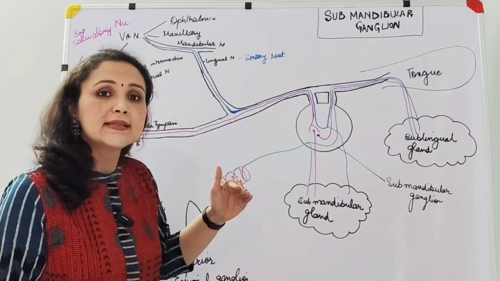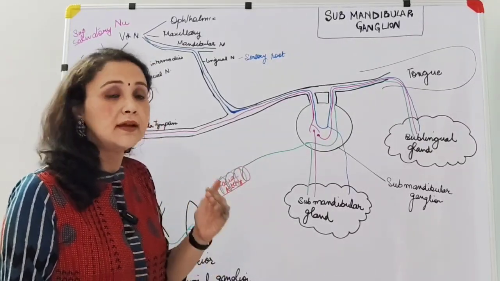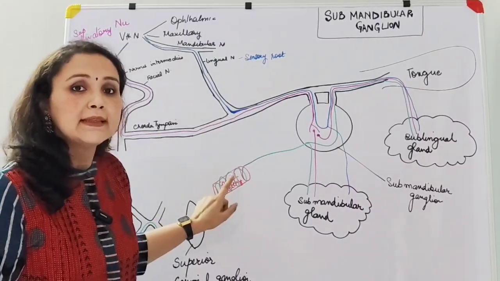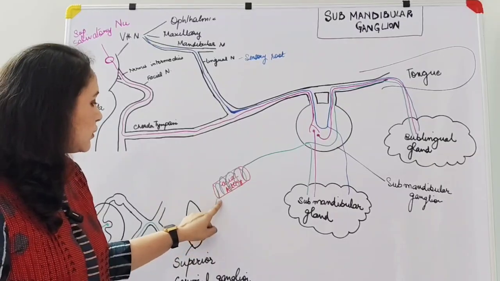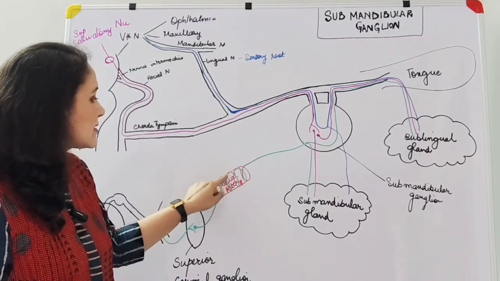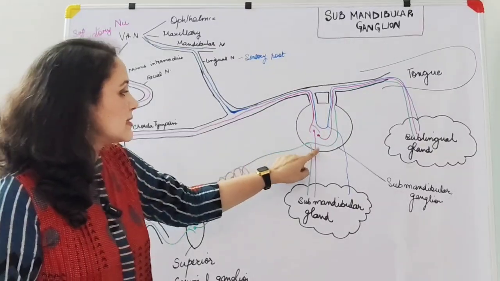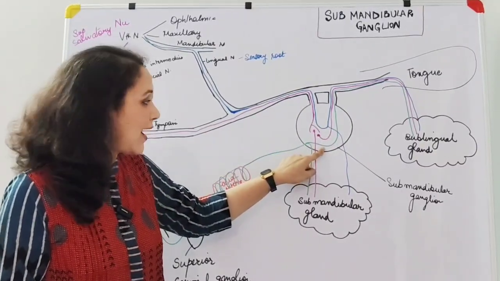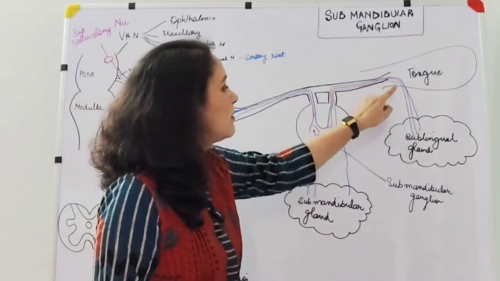Whereas if you are asked to which artery the submandibular ganglion is related, then you have to write about the facial artery. Because the sympathetic fibers, the postganglionic sympathetic root, form a plexus around the facial artery and then pass through the ganglion without relay and supply the submandibular gland and again in the same way the sublingual.